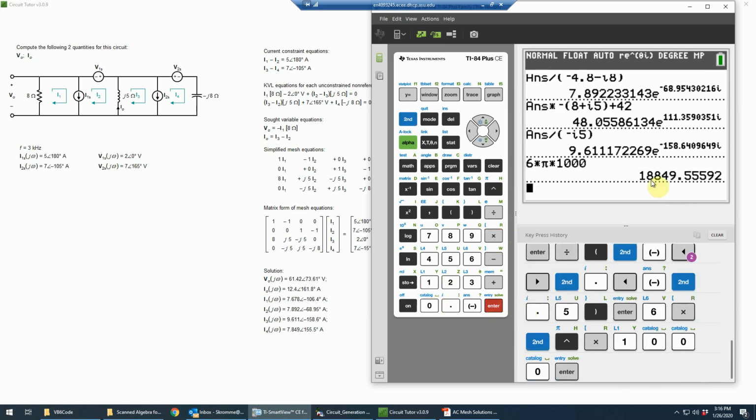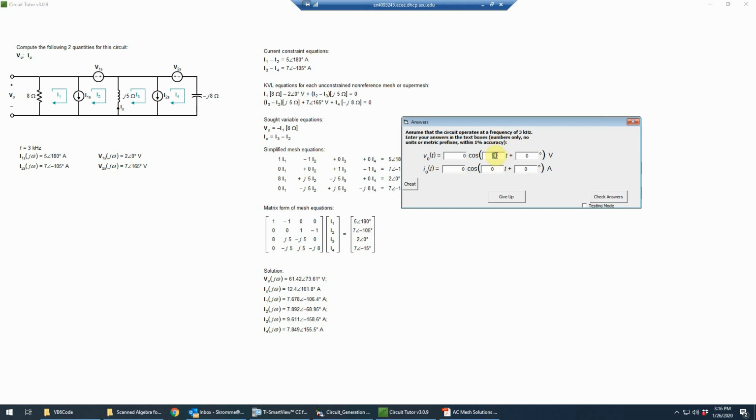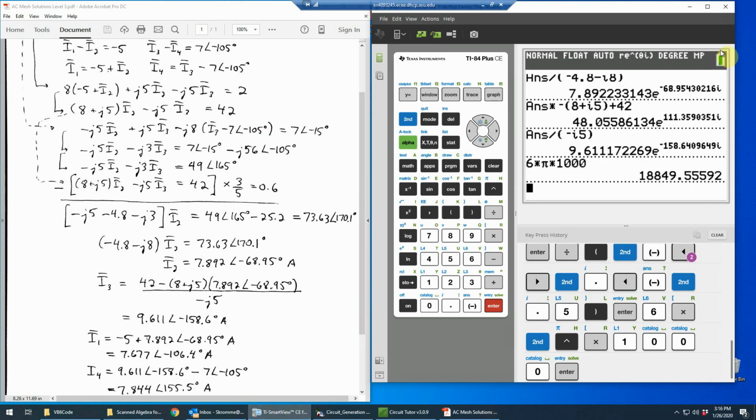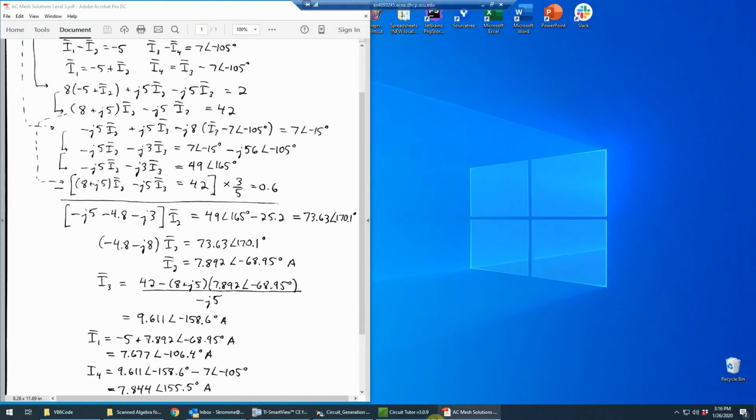And so that would be, I'll just call it 188,000. We don't want to have too many digits there. Let me just double check that. Oops, calculator. Yeah, 18,800. Okay.